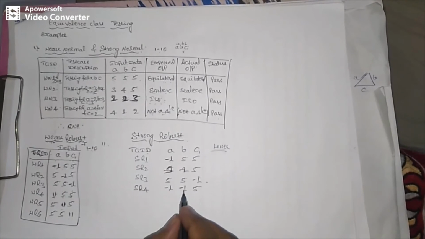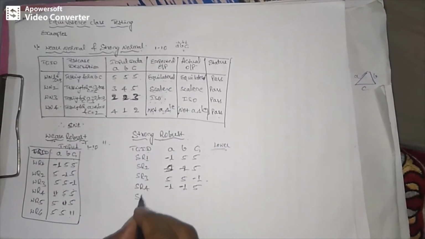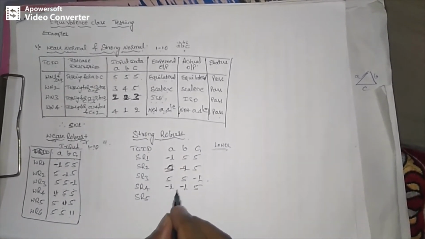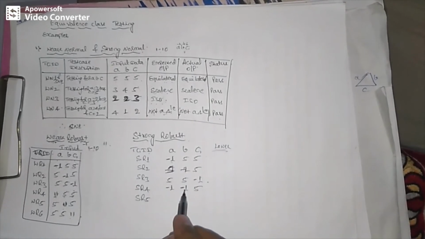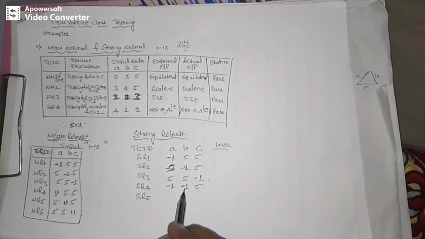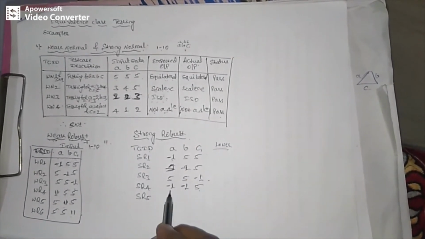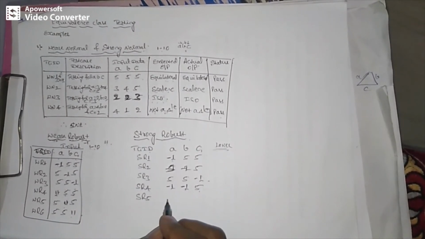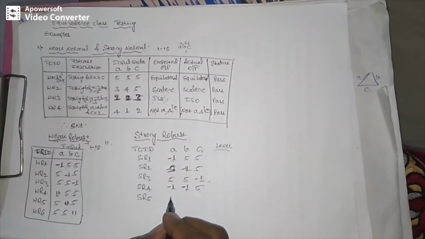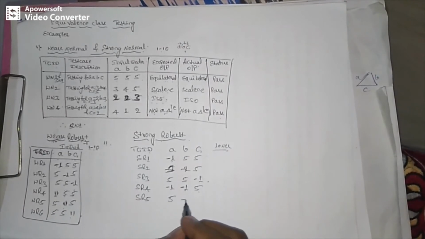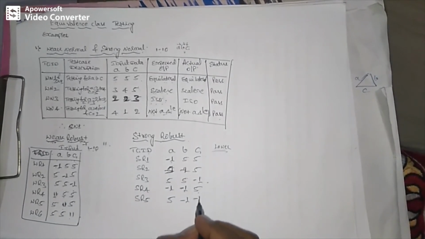So now -1 -1 5. Now A and B are invalid, C is valid. Next time B and C will be valid and A will be invalid. Now I'll write A valid, B and C invalid.